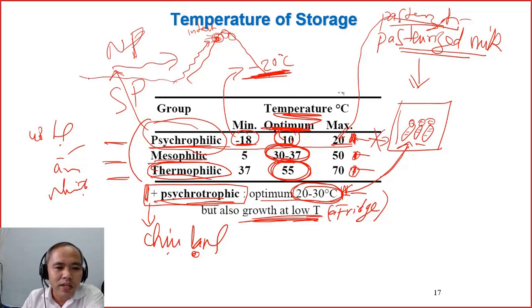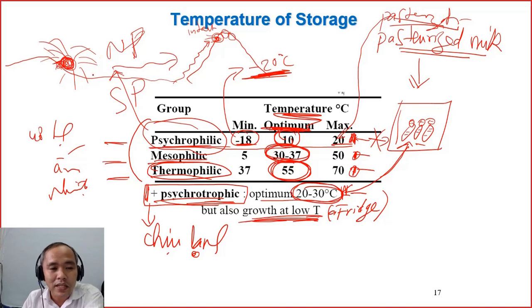But in our tropical condition in Vietnam, if a dead animal is here, after several days it will be very smelly because a lot of microorganisms can grow, can digest the dead body of the animal and generate a lot of smell, because the condition in our country is favorable to many microorganisms, but not in a very cold weather.